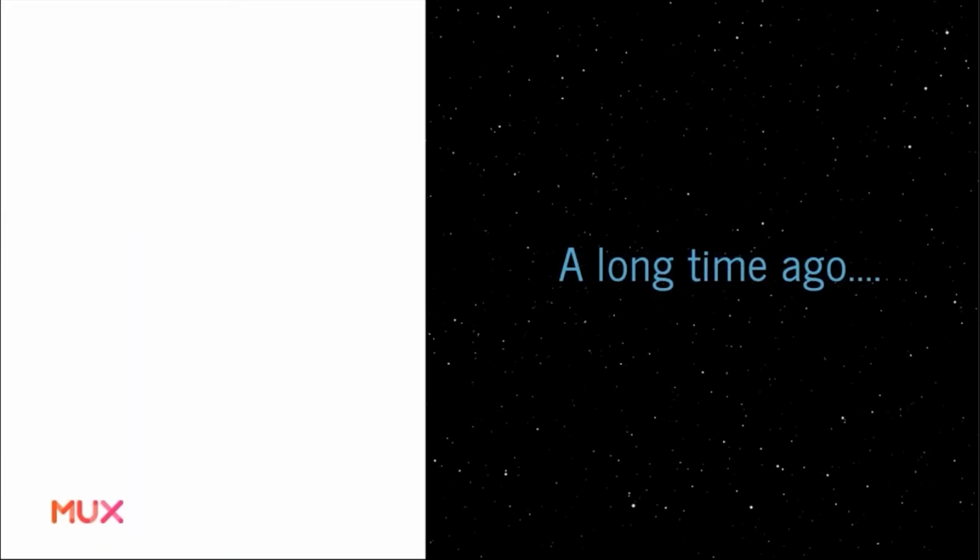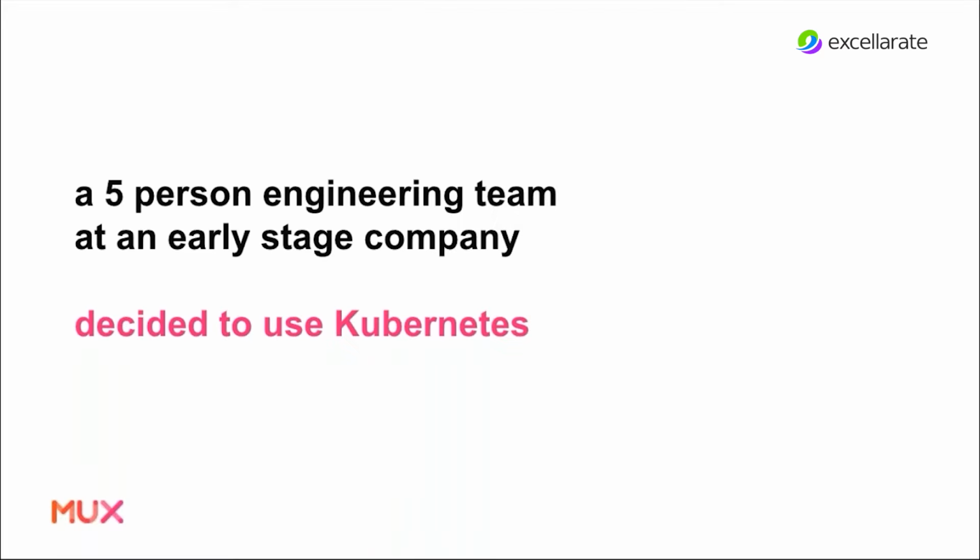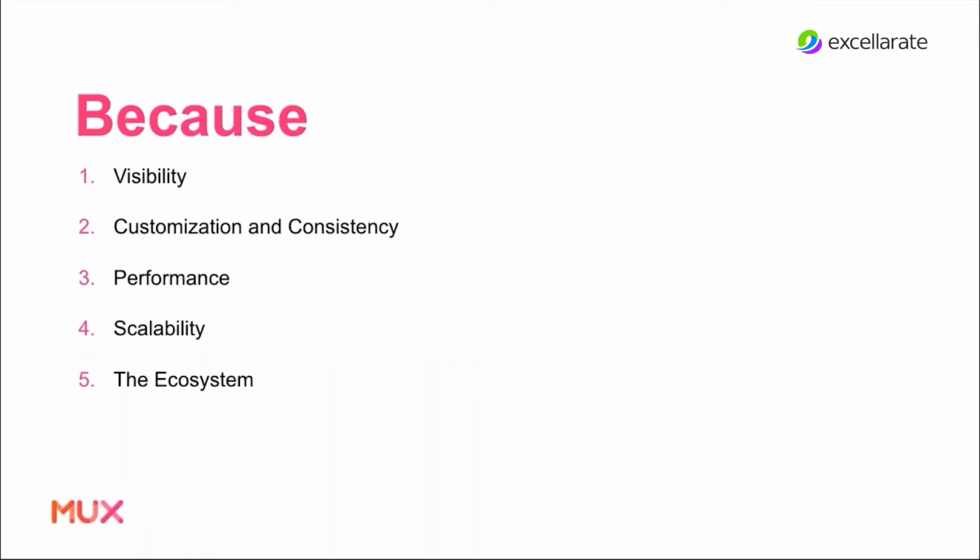So if we go back a long, long time ago, at the beginning of our startup journey, our little five-person-ish engineering team at this early stage startup made the decision to go with Kubernetes as our main platform for orchestration. We did this at the time for a number of reasons.